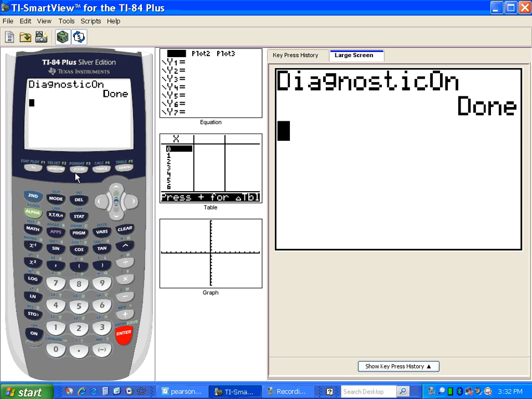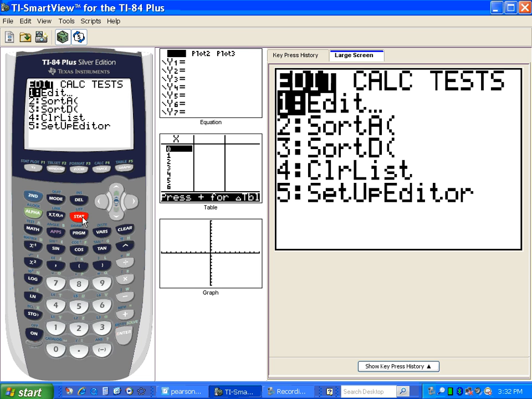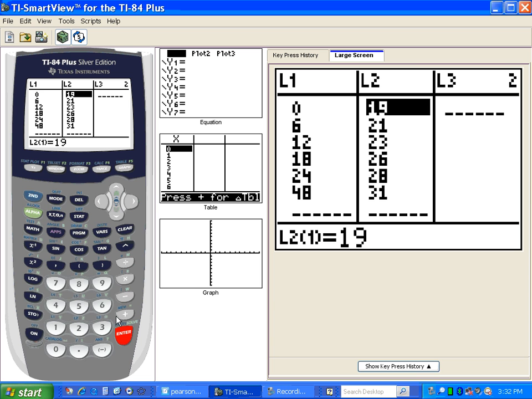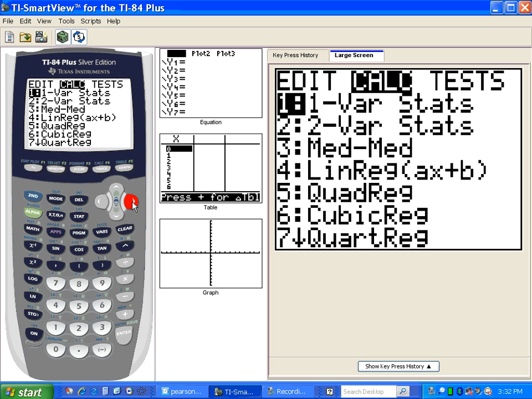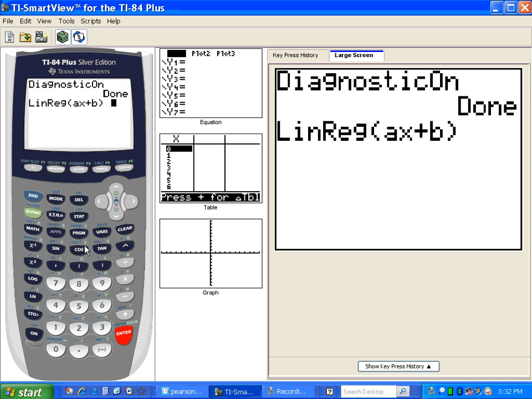We can go back and double check that our data is in the calculator. There are lists. To calculate Pearson's correlation coefficient, you go back to stat, over to calc, and it's like we're finding the equation of the line. So we're going to go down to number 4, linear regression, enter, and you want to enter the list that it's in.